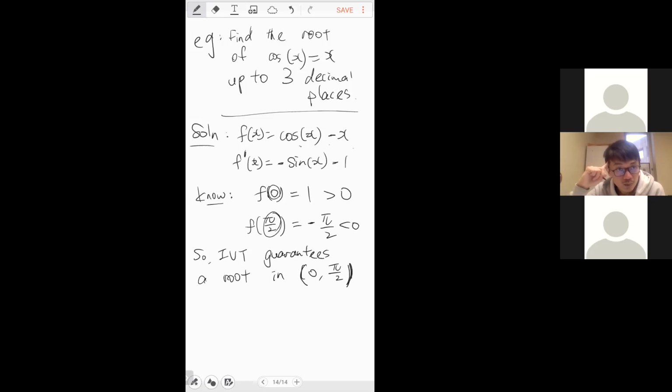Another question is, will WebWork accept decimal places or only fractions? Do you mean the number you pick, or the 2 points, 0 and pi over 2? The answer should be in decimal places.